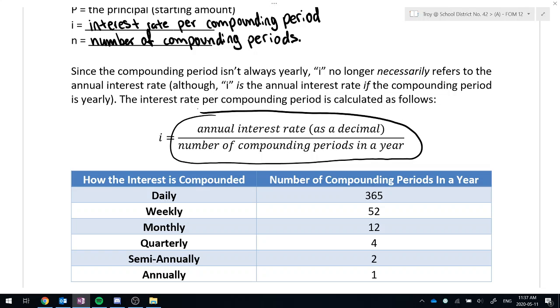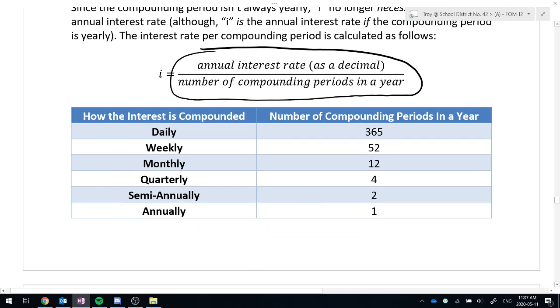Okay, so here I have a nice little chart. You might want to pause the video here and just have this up for you if you're working through the problems. So this just tells you how many compounding periods you'll have in a year, depending on how the interest is compounded. Okay, so at the bottom we have our annually compounding interest. Of course, if that happens, that just means the interest is being compounded once a year.